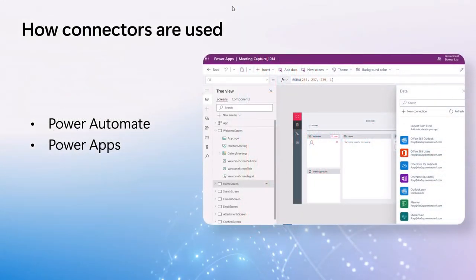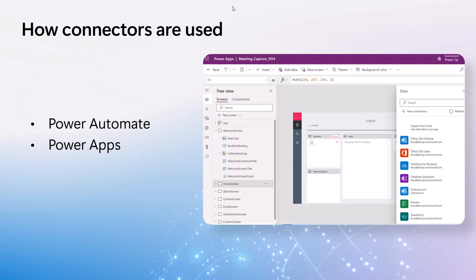So how are connectors typically used? They're often used in Power Automate to trigger the flow, gather data, manipulate that data, and then do something else with it. That could be putting it into a Teams channel, it could be updating a record in a different database, or it could even be sending an email.